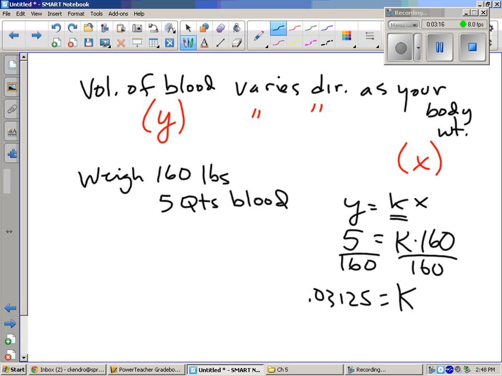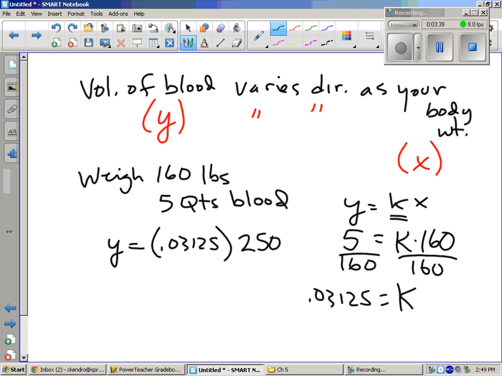So now you can put in any weight that you want. So if I want to know the amount of blood, that's our y, then I take 0.03125 and put in any weight that you want. Let's put in 250.